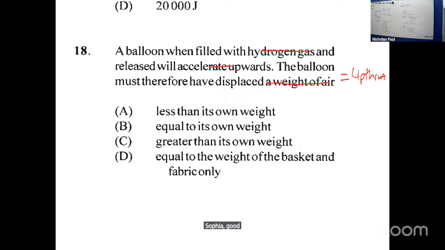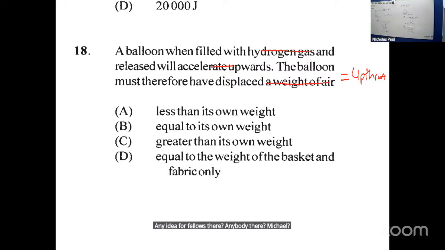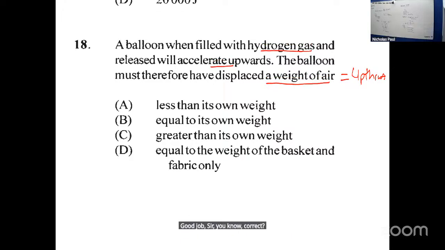Correct as well. Any fellas there? Anybody there? Michael. Good job, Serena. Correct. Michael, are you there? Presley. Serena, yours correct. Vandina. Pauline.